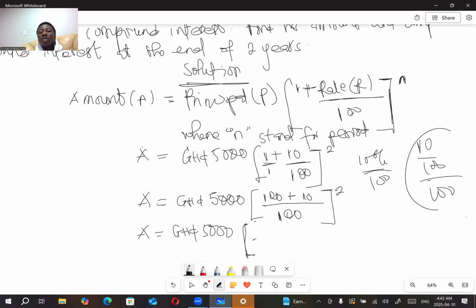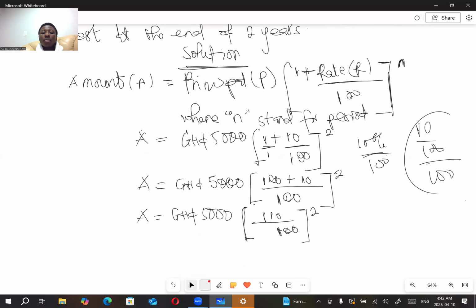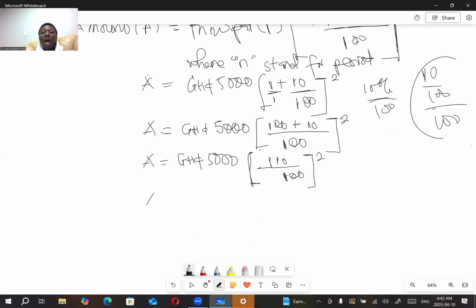All right, so here will be 100. Now you just add the top. That'll be 110, not forgetting that it has a power. So amount is equal to 5,000 in bracket.